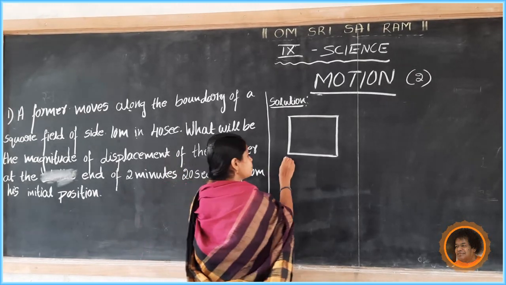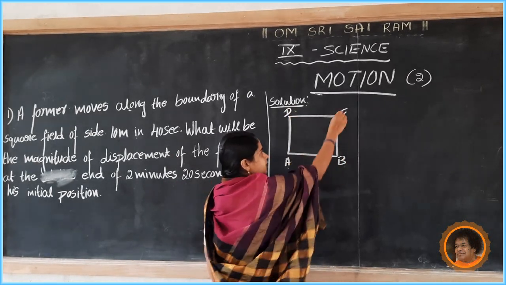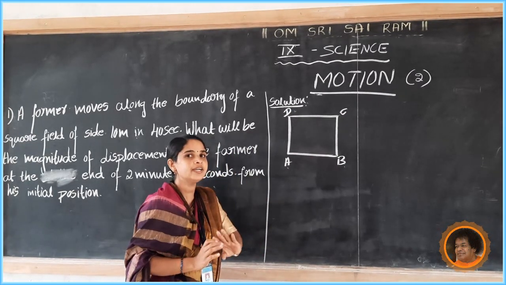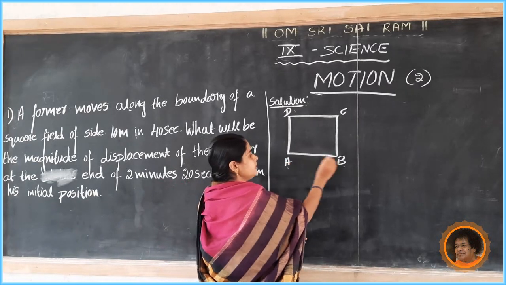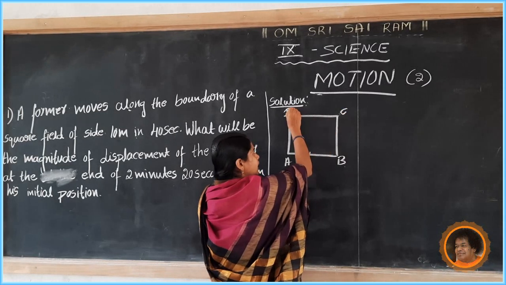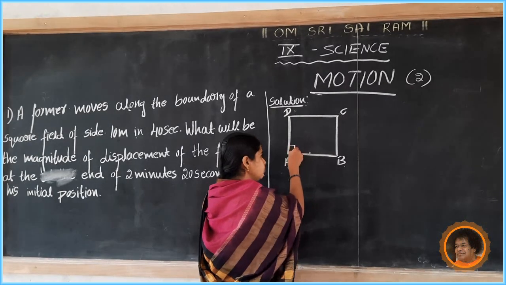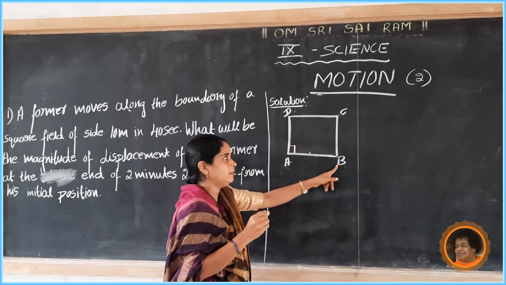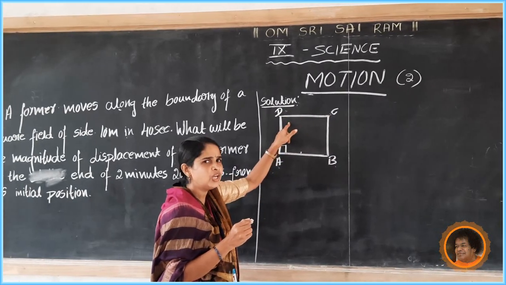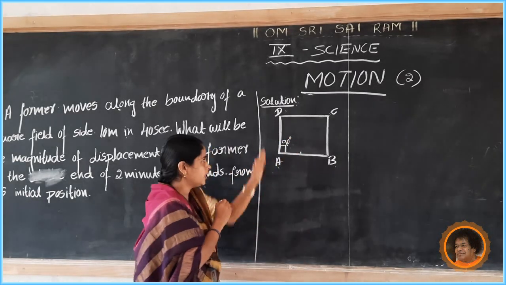Name this square A, B, C and D. This AB equals BC equals CD equals DA. The 4 angles are also equal: angle A equals angle B equals angle C equals angle D, and the value is 90 degrees.